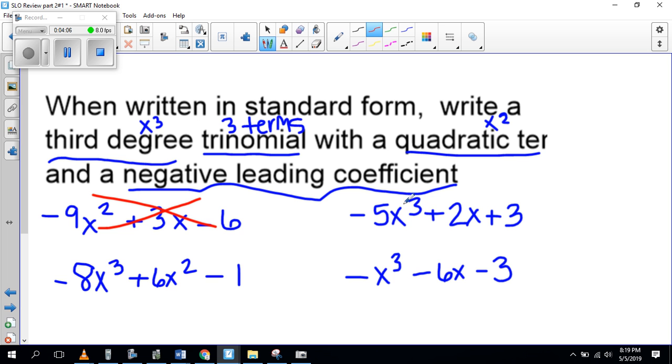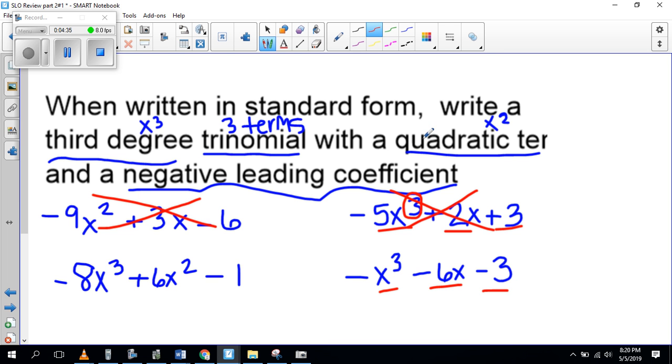Okay, let's go over here. Do we have a third degree? Yeah, we have third degree here. Do we have 3 terms? 1, 2, 3. Okay. Do we have a quadratic term? X to the second. Well, I don't see that, so I'm going to mark this one out. Okay, let's go down to the bottom. Do we have a third degree? Yes. Do we have 3 terms? 1, 2, 3.